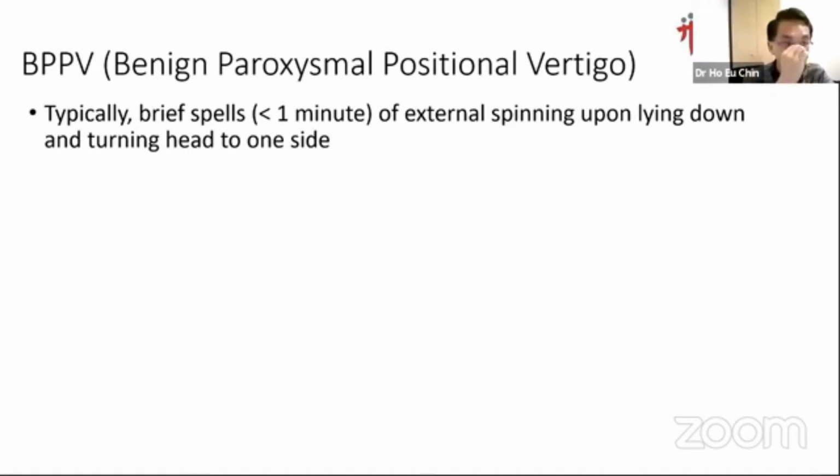So it's an external spinning or external rotatory type. When I say brief, it's usually a few seconds only, typically 15 to 30 seconds. Sometimes a little bit longer, but it never goes beyond a minute, right? And this tends to happen upon lying down and turning your head to one side. And the side that you turn towards will be the side where the BPPV is.